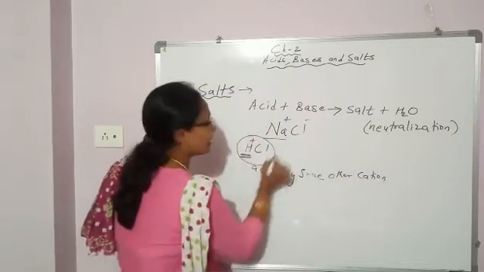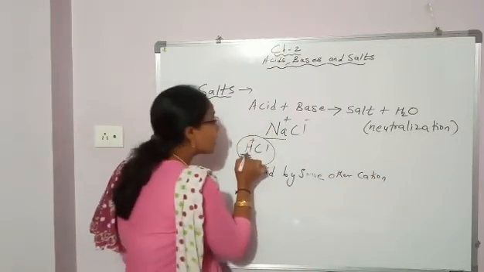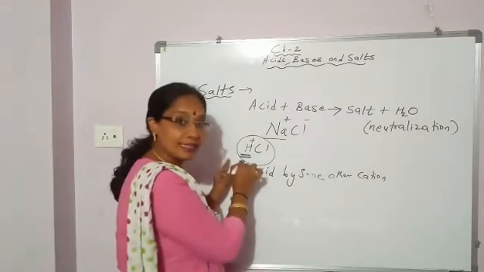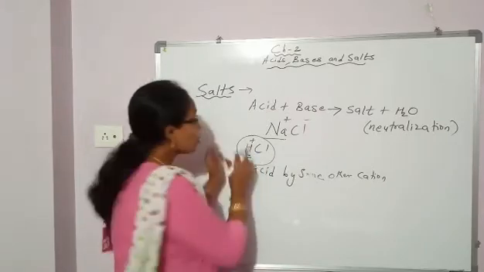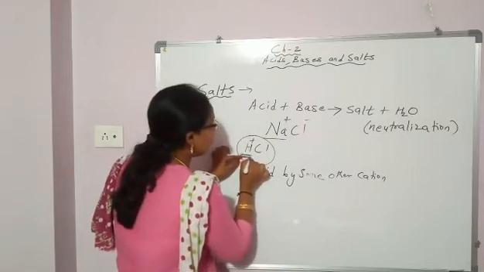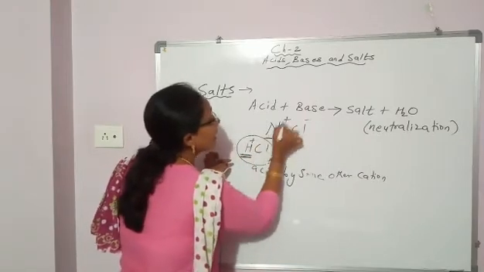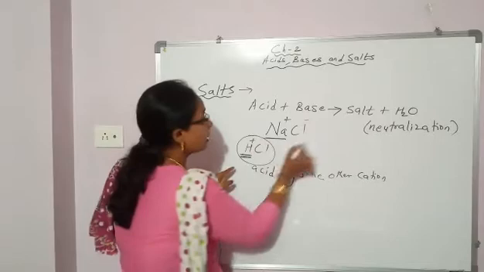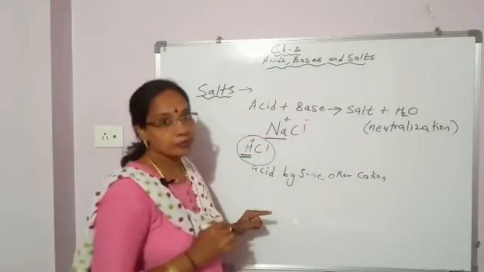Like hydrochloric acid, the ionizable hydrogen atom in this acid is H+. So, H+ is replaced by some other cation. Which cation? Na+. And we got the salt NaCl.